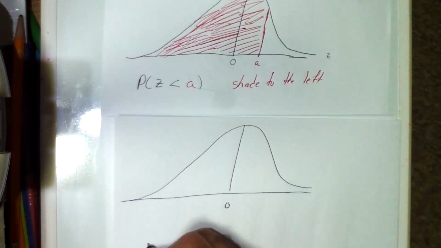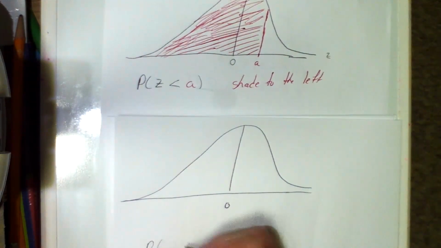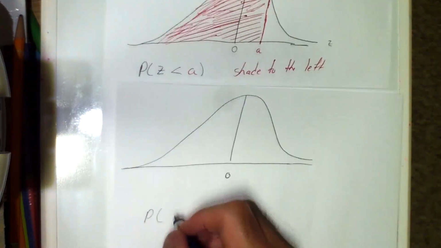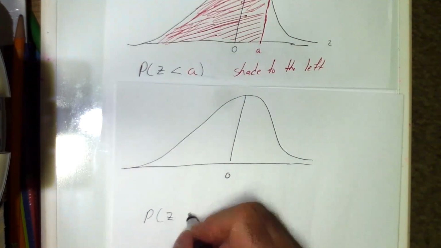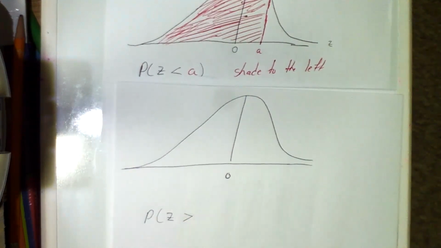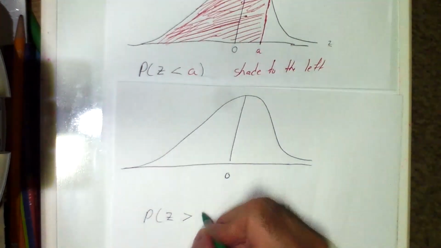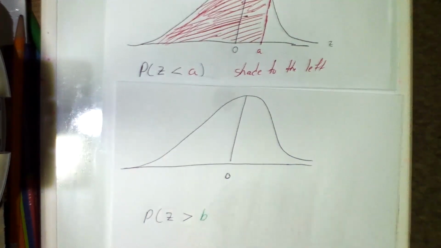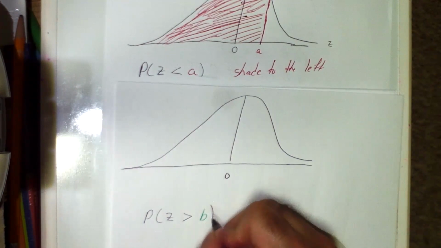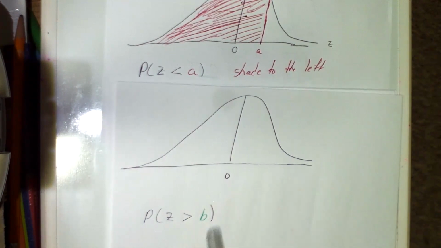Another probability they could ask you to find is the probability Z greater than B. Again, it depends on the sign of B. If it's negative, you plot it on the left, positive on the right.